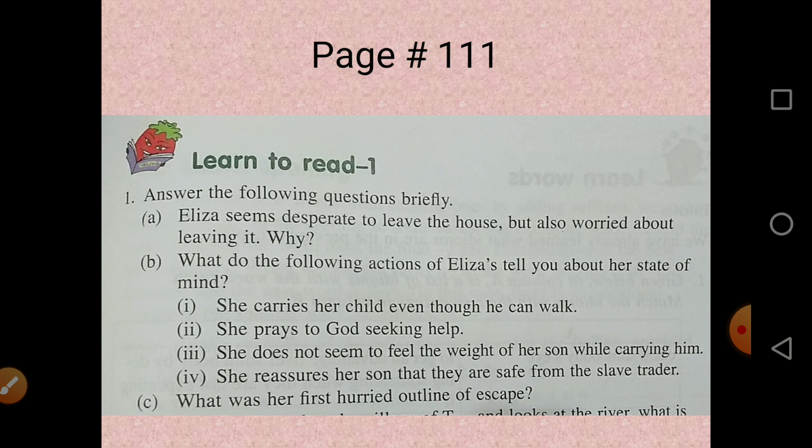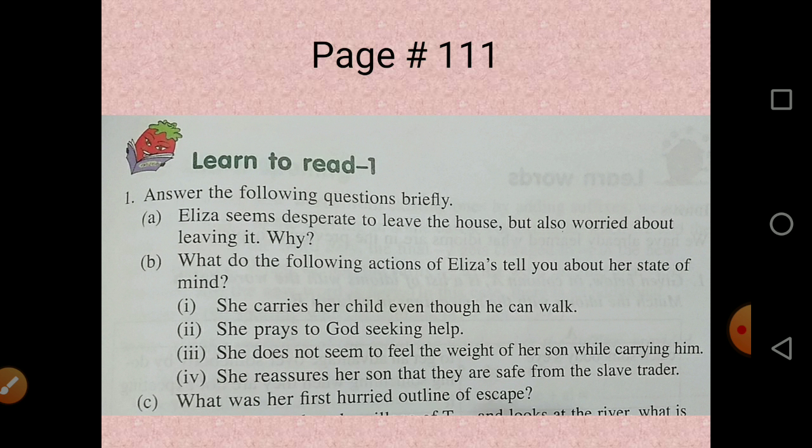Number 3, she does not seem to feel the weight of her son while carrying him. Why could she not feel the weight of her son? Because she was thinking about other things. She was thinking about dangers. She was thinking about what may come on her way.